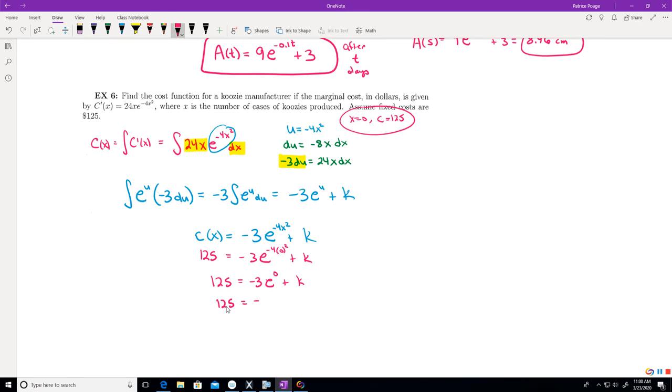So this is negative 3 times 1. And if I add 3 to both sides, I get 128 equals my constant. And so my cost function is going to be negative 3 e to the negative 4x squared plus 128.